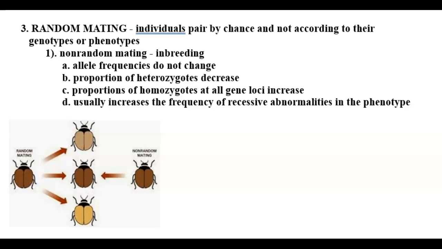So a violation of random mating would be inbreeding. Allele frequencies aren't going to change. The proportion of heterozygotes is going to decrease, but the proportion of homozygotes is going to increase.